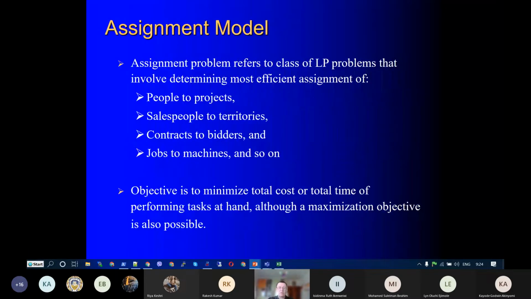Yes, really, our schedules could be covered under this mathematical model, and it is covered in the assignment problem. That determines the most efficient assignment of people to projects, sales to territories, contracts, and so on. And again, we can extend this list with educational schedules. In fact, I know a few software solutions which allow automatic creation of educational schedules by solving an optimal management transportation problem.